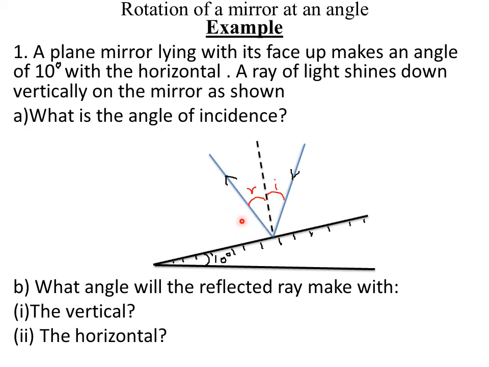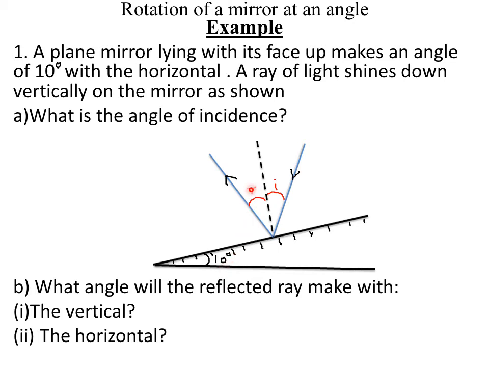So it will be 90 degrees minus r, then also subtract the 10 degrees. Remember, r, the angle of reflection, was equal to the angle of incidence, which was 10 degrees. So the angle between the reflected ray and the horizontal will be 90 degrees minus 10 minus 10.